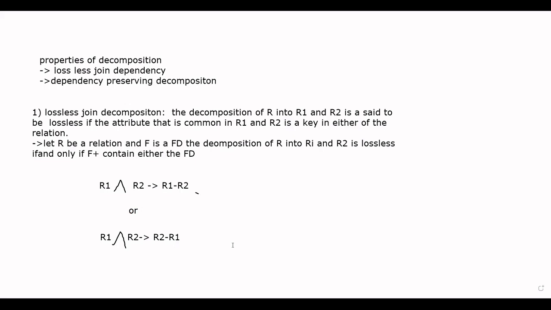You have to check both the formulas, and if any one condition is true, then you can say that it is lossless. Otherwise, it is lossy. They'll give you a question to check whether this is lossless or lossy. So if any of these conditions is satisfied, it is lossless.